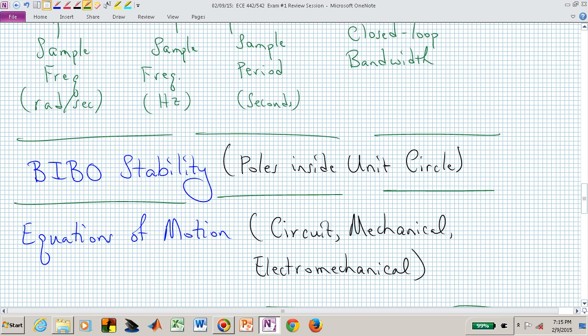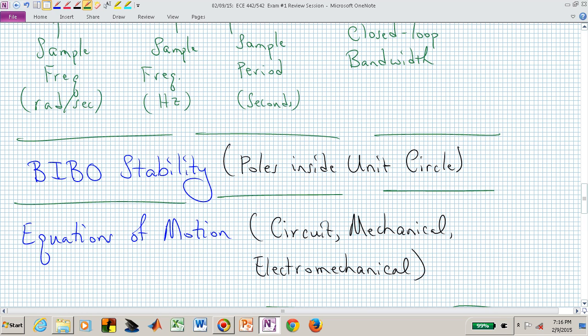So on your notes, write down the quadratic formula if you don't have that memorized. But those then need to have a magnitude. They could be complex, but the magnitude of those poles needs to be less than 1. Is that clear?